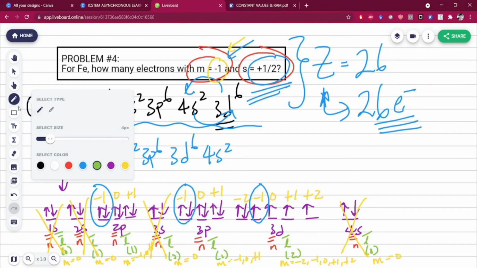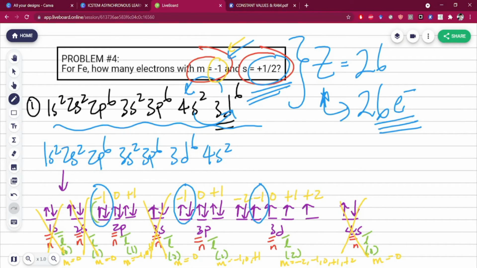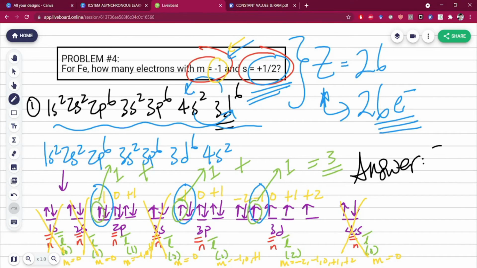Therefore, you have one electron, another one electron, and over here another one electron. So 1 plus 1 plus 1, you have 3 electrons. Therefore, the answer is 3 electrons.